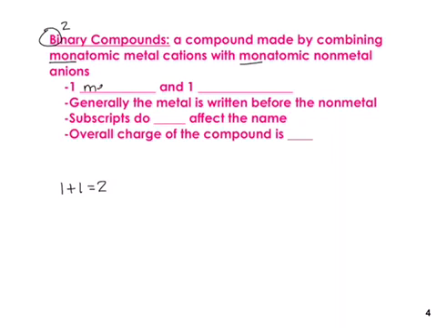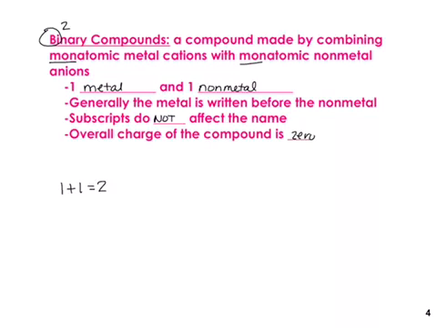It's going to be 1 metal, and it can be a transition metal, and 1 nonmetal. Generally, the metal will be written before the nonmetal, and the subscripts do not affect the name, and the overall charge on that compound has to be 0.